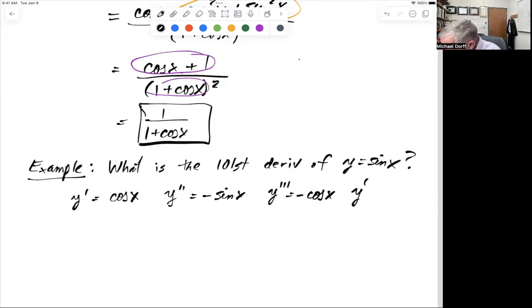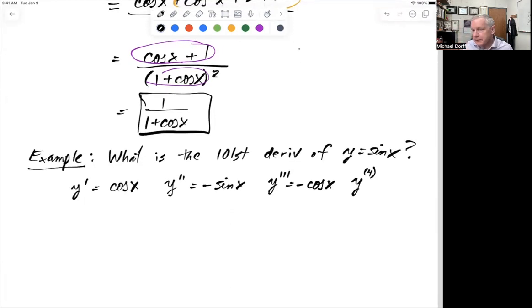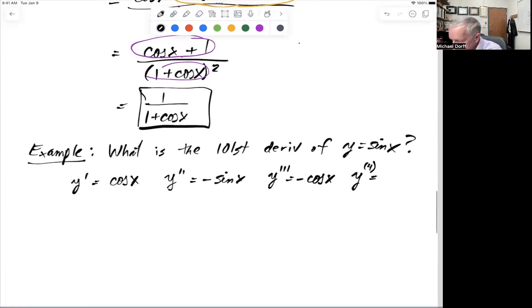And the fourth derivative, instead of putting 4 tick marks there, we'll just put a 4 in parentheses, so we don't get confused that it's not the fourth power. If it was the fourth power, we'd have y with a 4 with no parentheses. But when we put those parentheses there, it means it's the fourth derivative. So now I have the derivative of negative cosine. Well, I know the derivative of cosine is negative sine, so I have negative sine, and that gives me positive sine.